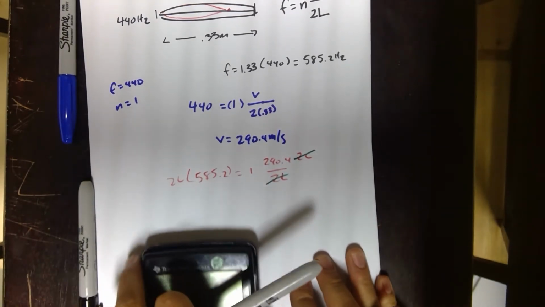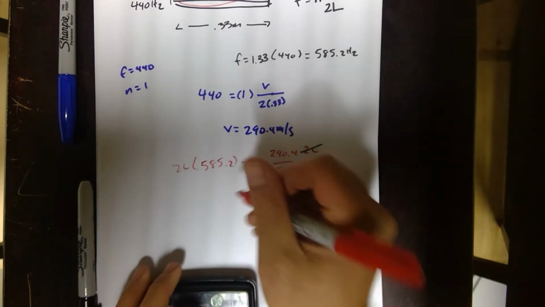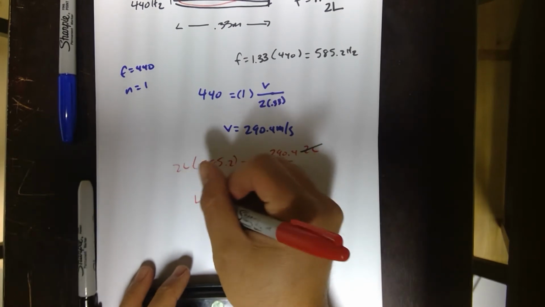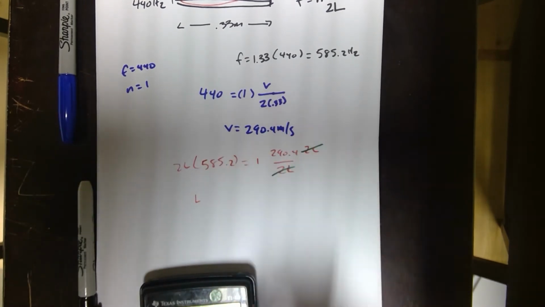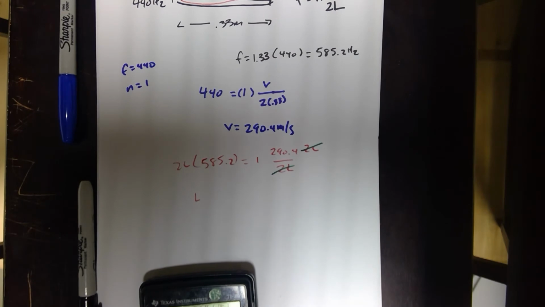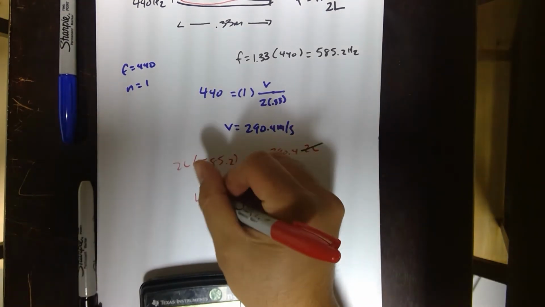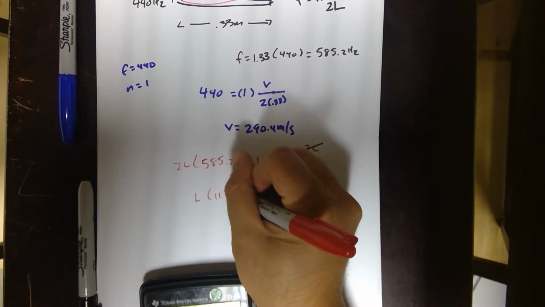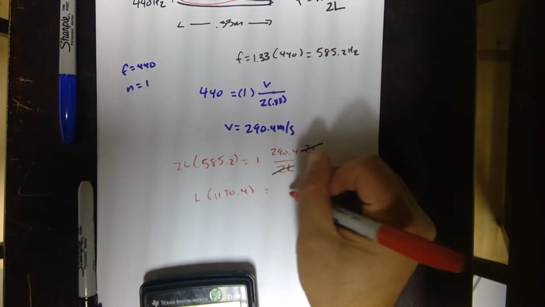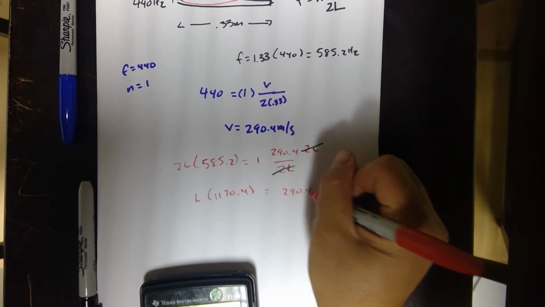And then, if we're looking at this, we can multiply these numbers out. 2 times 585.2, you get 1,170.4 here. And then we're just left with 290.4 here.